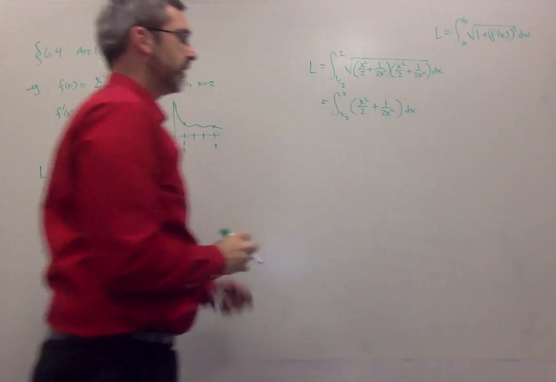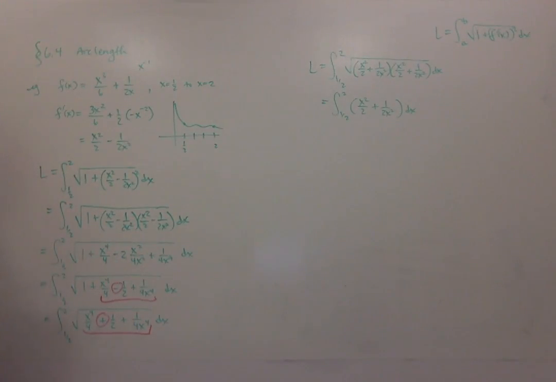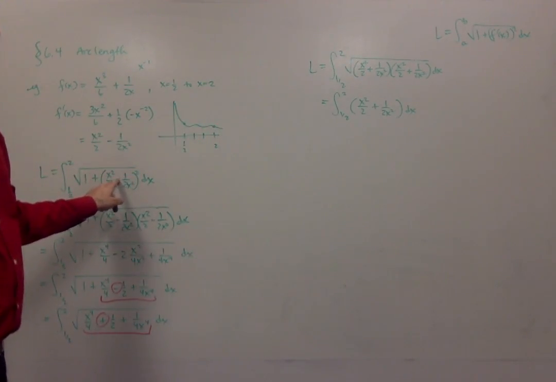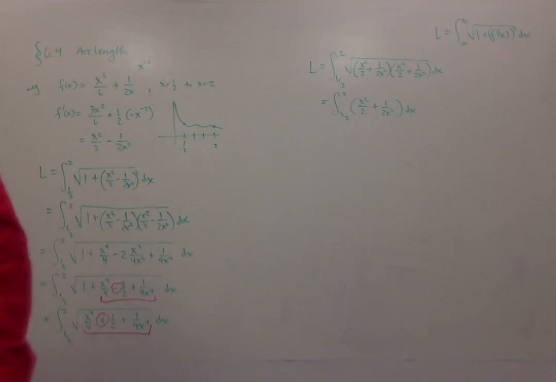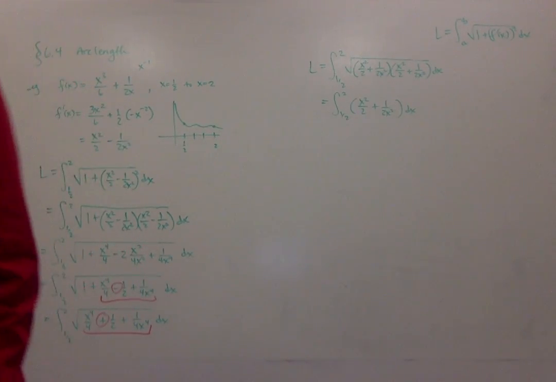And I get x squared over 2 plus 1 over 2x squared. You see that? These are off by just that one minus sign.